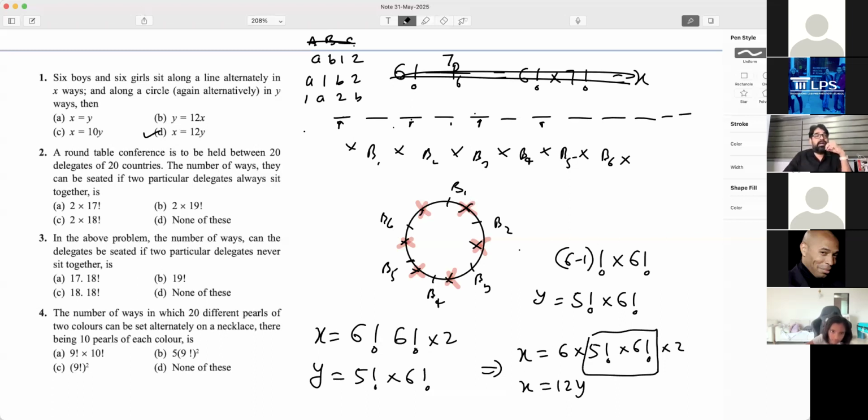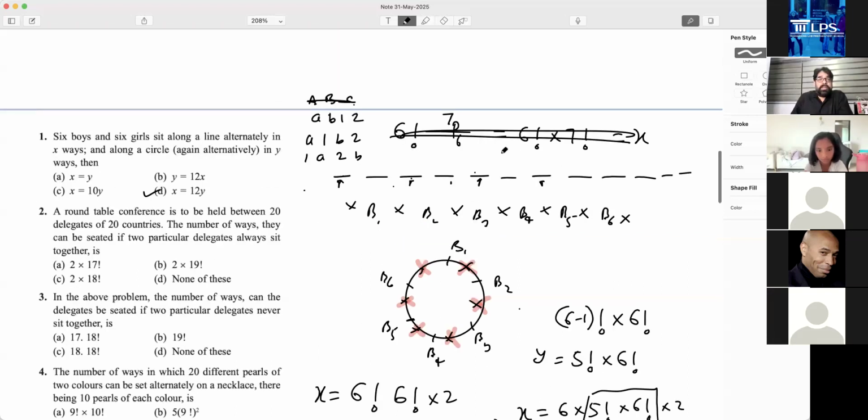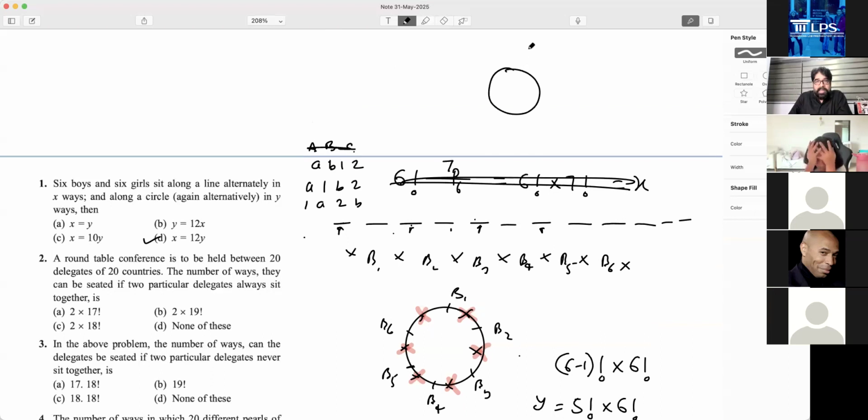Yes, Farjin, you are raising your hand. Any doubt? Sir, I did not understand why you wrote 6 minus 1 factorial. Whenever objects have to be arranged in a circle, whose numbering is not there, the number of arrangements will be n minus 1 factorial.